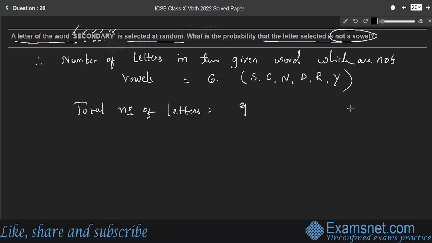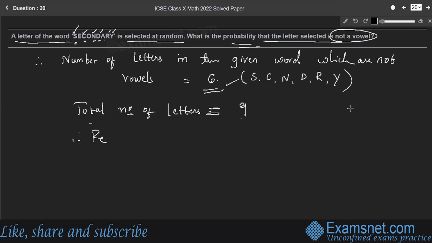Here the question is, what is the probability that the letter selected is not a vowel? Probability is the number of favorable outcomes divided by the total number of outcomes. Here favorable outcomes are the letters which are not vowels, right? 6 letters are not vowels. Favorable outcomes are 6 divided by the total number of outcomes, which is the total number of letters, equal to 9, right?